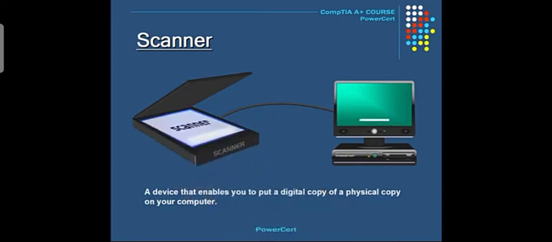Scanners would typically have a flat bed where you can place the photo or document face down, and at the press of a button, it will scan it for you. And as the scanner moves across the document or photo, it saves the image to your computer. Scanners will typically come in a combination with a printer, or you can also purchase a scanner all by itself.